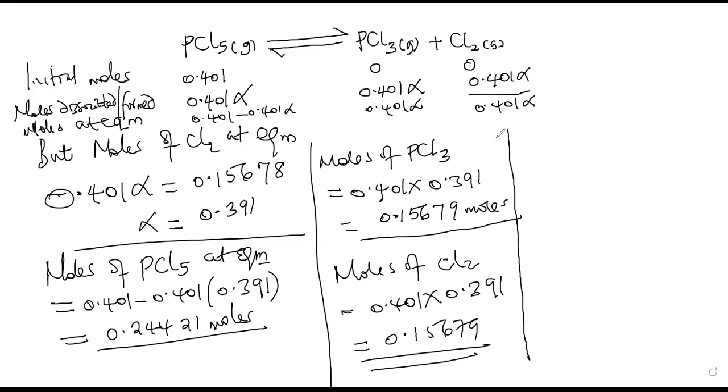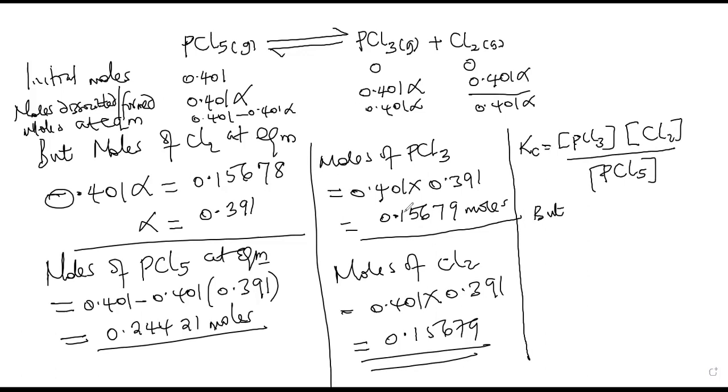So after getting the moles at equilibrium, the question wants us to get the value of Kc for the reaction. So the value of Kc is equal to the concentration of PCl3 raised to the power 1, times the concentration of chlorine raised to the power 1, over the concentration of PCl5 raised to the power 1. But these moles are in 9.23 decimeters cubed, but we need them in a decimeter cubed.